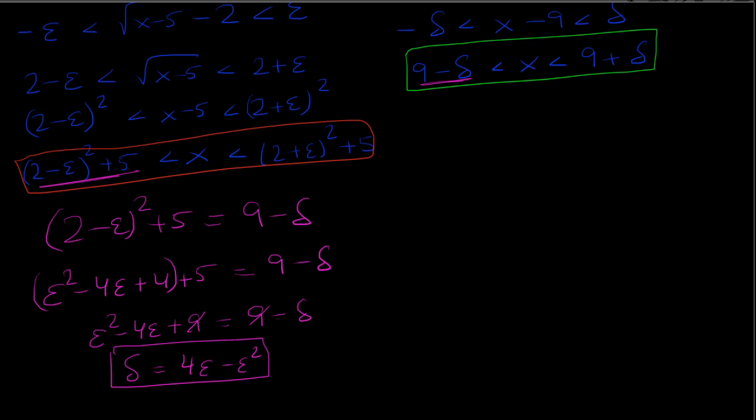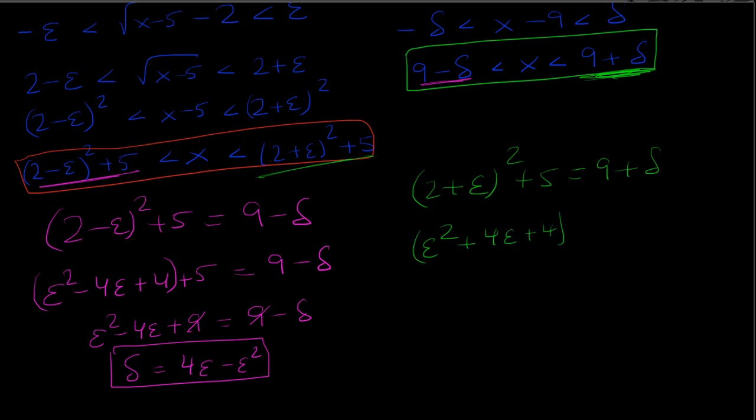The other one, we're going to set the bigger part of the inequality equal to each other. So that's this part. So we'll have 2 plus epsilon squared plus 5 is equal to 9 plus delta. That's going to give us epsilon squared plus 4 epsilon plus 4 plus 5 is equal to 9 plus delta.